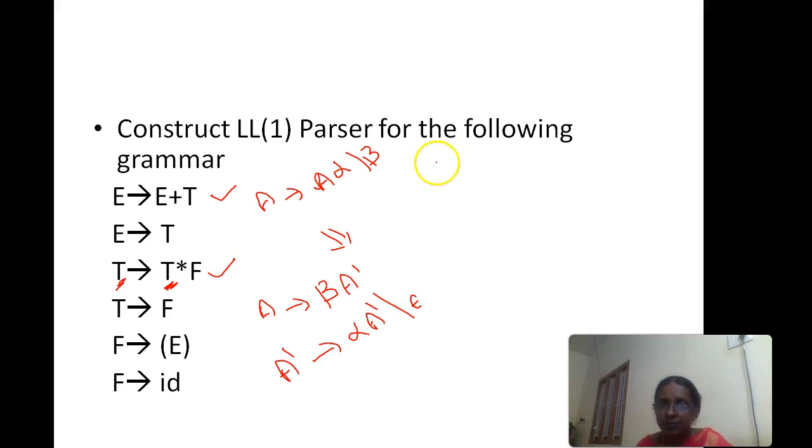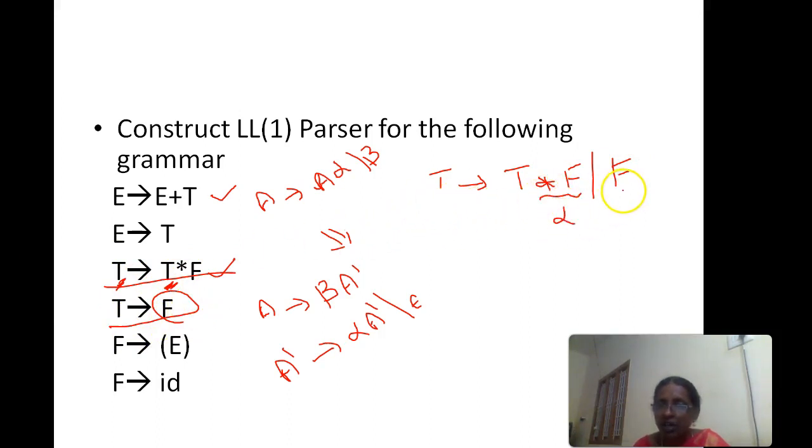And here our production is T implies T star F, and for T one more production is there, F.